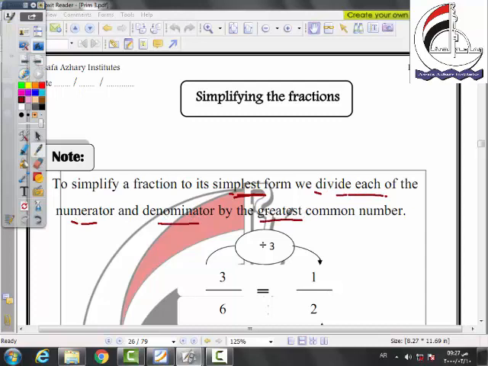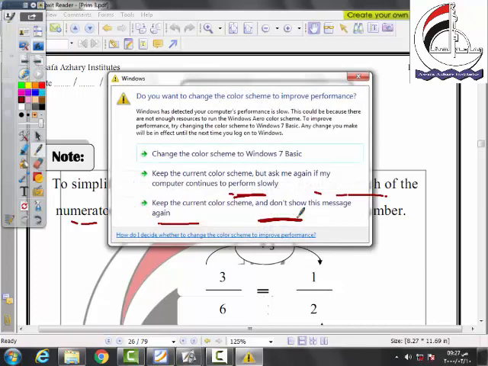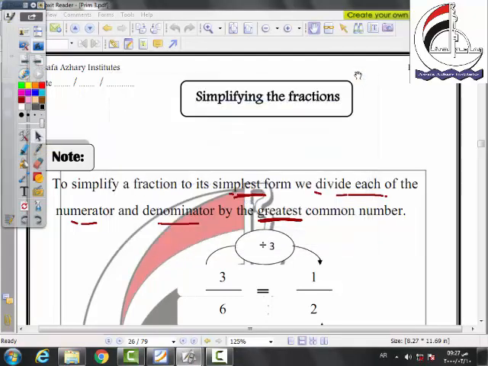For example, 3 over 6. Simplify it to the simplest form. We said simplify means divide. What is the greatest common table between 3 and 6?